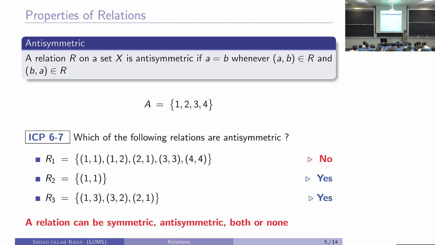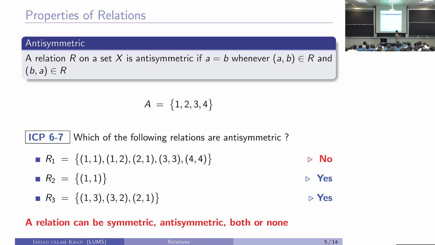Now remember this thing. Symmetric and antisymmetric are not the negation of each other. We spent quite significant time on that when we did existential and universal quantifiers, right? You have to be very careful with what is the negation of each other. And that means a relation can be both symmetric and antisymmetric, right?